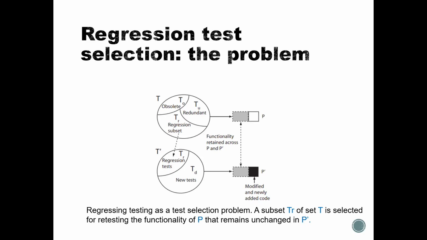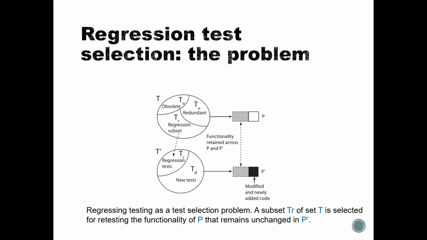So this is what I was talking about, the RTS problem, the regression test selection problem. This regression test problem is unique. In this whole class we were talking about regression testing, where you don't want to use the original test set T. There can be multiple reasons for this.